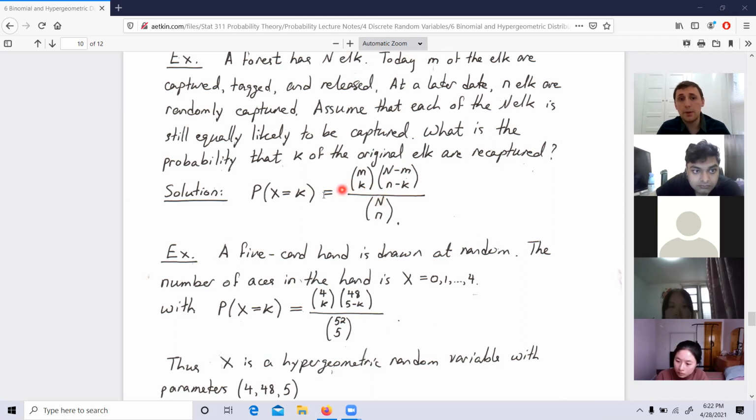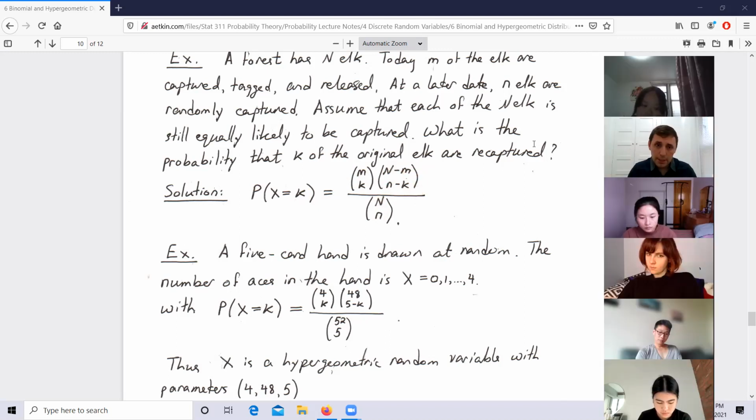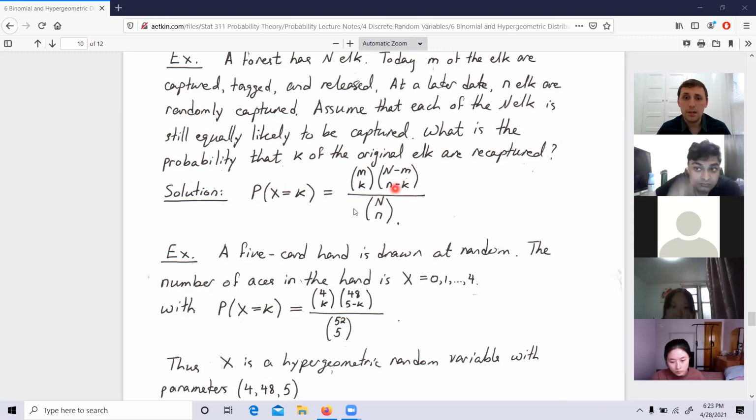And the question is, what's the probability we will capture k? So this is the number of elk that were tagged, m choose k. And then those are the elk that were still not tagged. Those are the new elk that were not captured the first time. And this is then the probability.